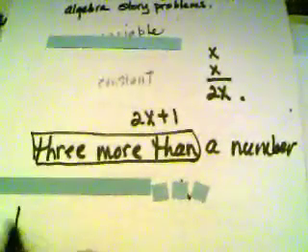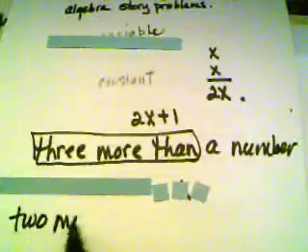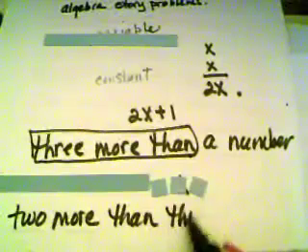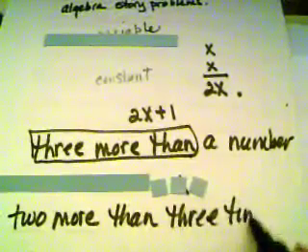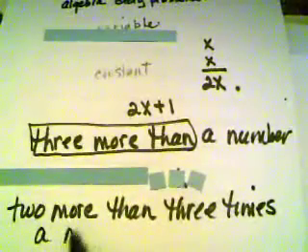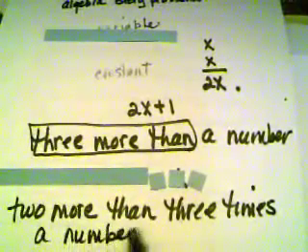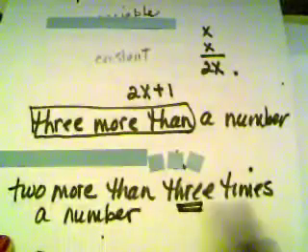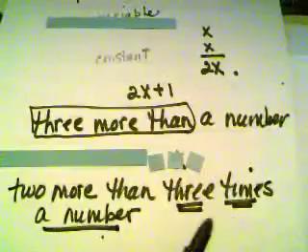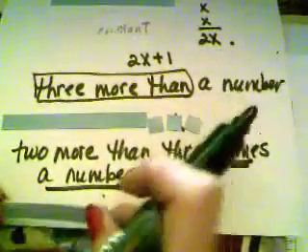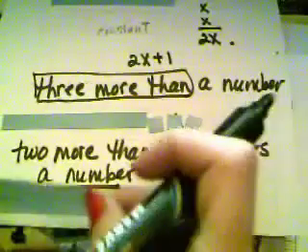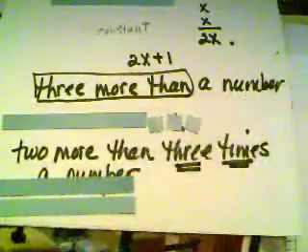If you had 2 more than 3 times a number, so I have 3 times a number, that would mean that I would need 3 variables.